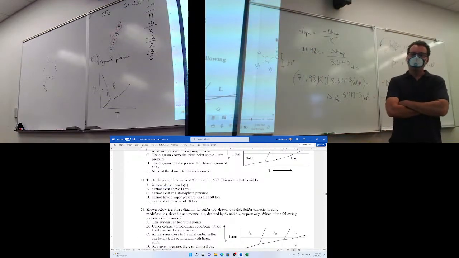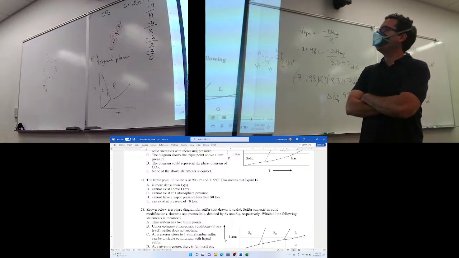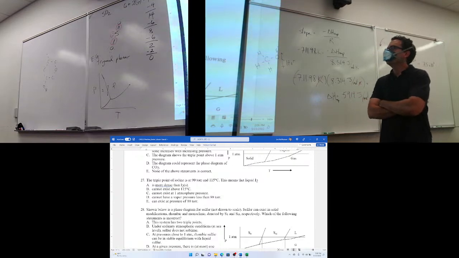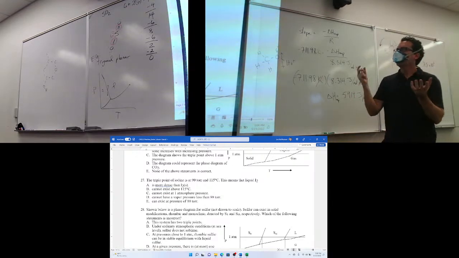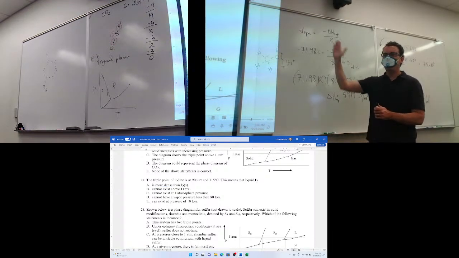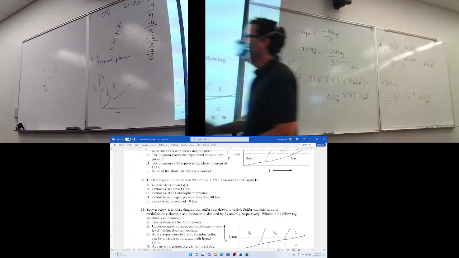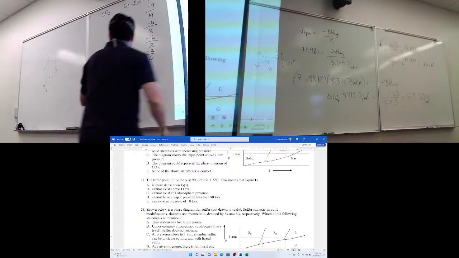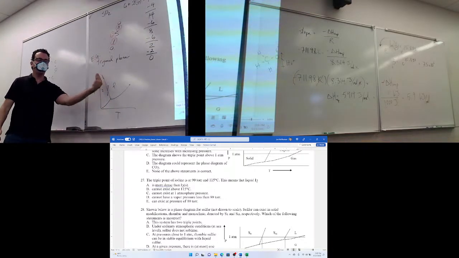The triple point of iodine is at 90 torr and 115 degrees C. This means that liquid I2 is what? So, more dense than solid I2. That statement requires you to know which way the liquid-to-solid boundary slopes. Water has a liquid-solid boundary line that slopes negatively.